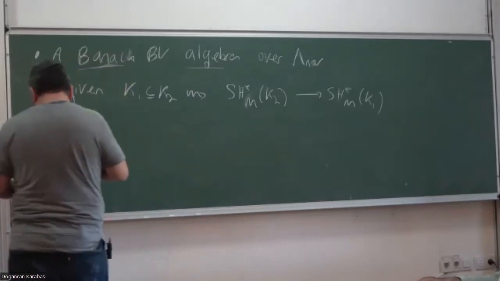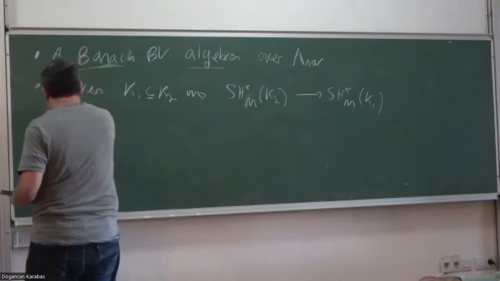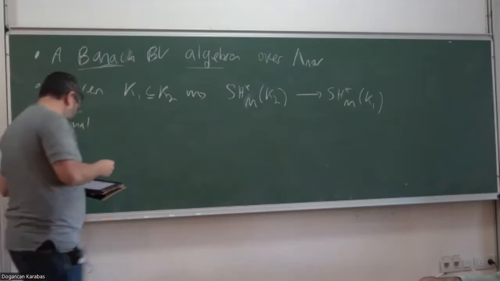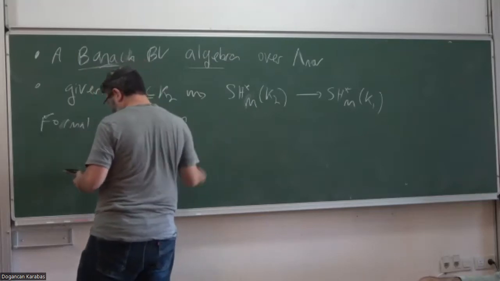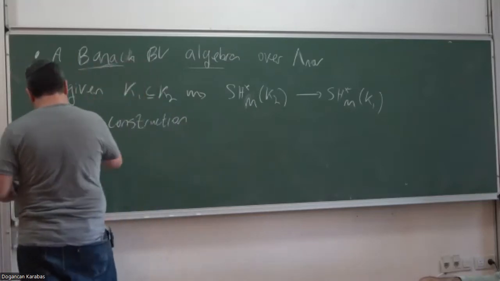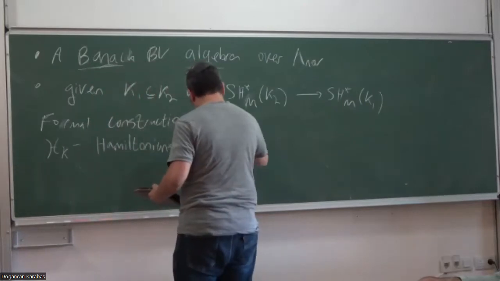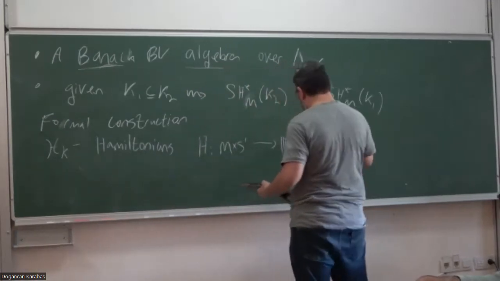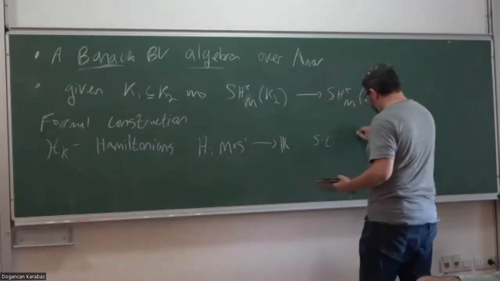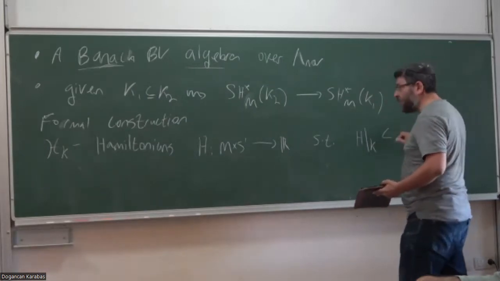So the formal construction will be very brief, because if you're a symplectic geometer, you're familiar with this kind of thing. The formal construction: consider H, time dependent Hamiltonians to R, such that H restricted to K is less than 0.